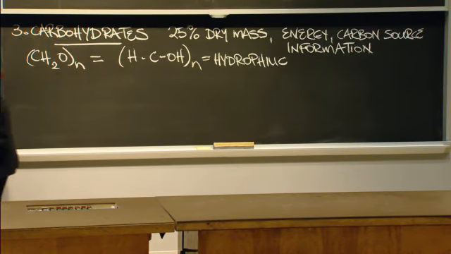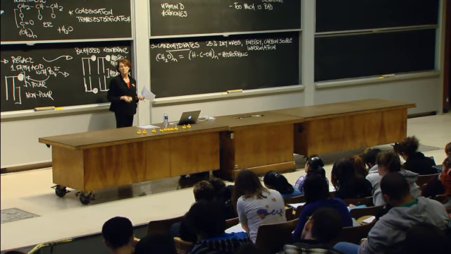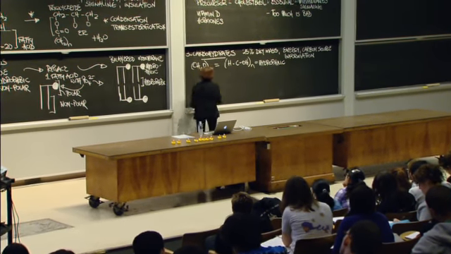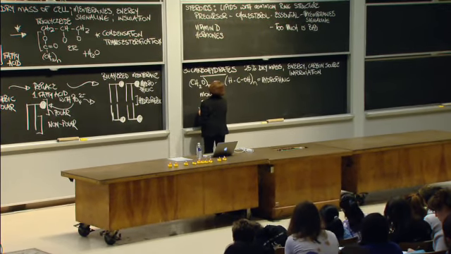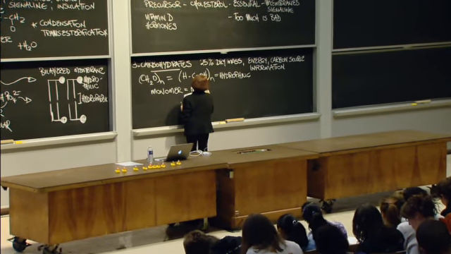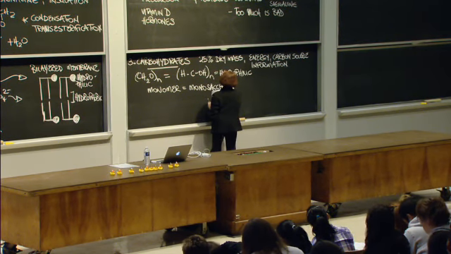The monomer of carbohydrates is called a monosaccharide, and there can be polymers that are two monomers or multiple monomers. So the monomer, and you should know this, is called a monosaccharide, where saccharide sounds like saccharin, that means sugar.